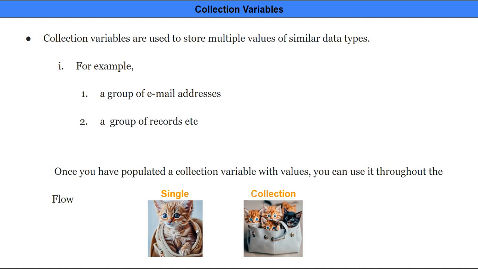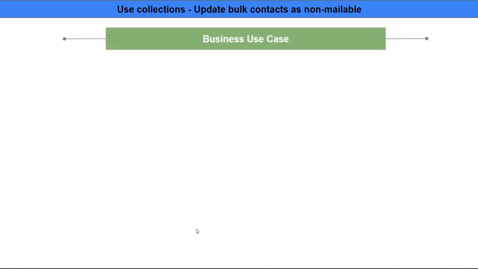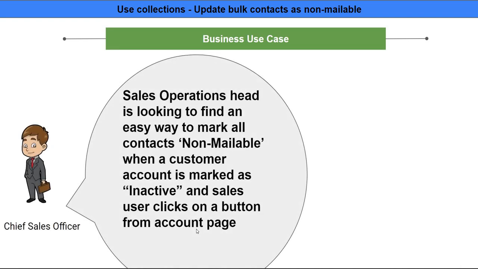We're going to learn this collection usage by doing a business use case. So this is the business use case. The sales operations head is looking to find an easy way to mark all contacts non-mailable when a customer account is marked as inactive. This is a typical case, right?